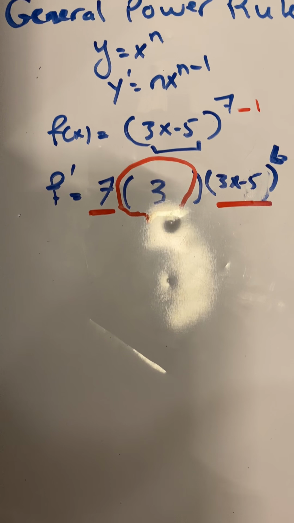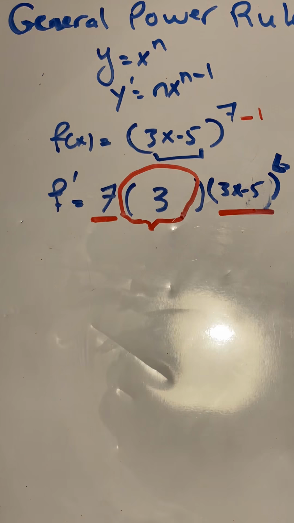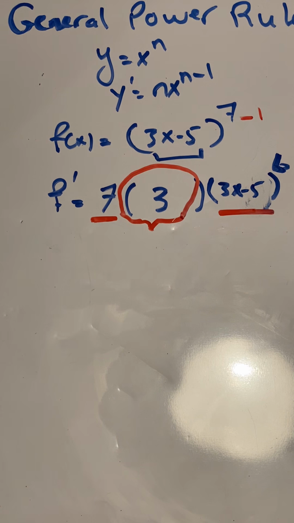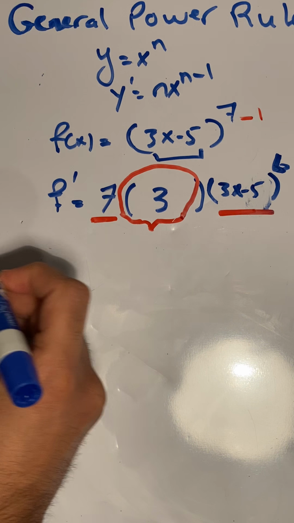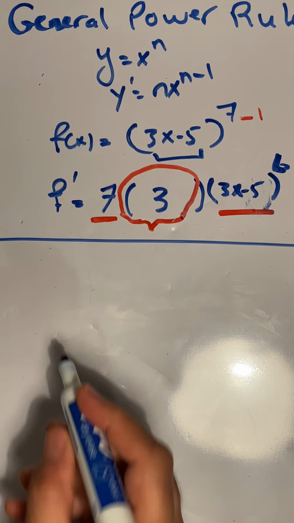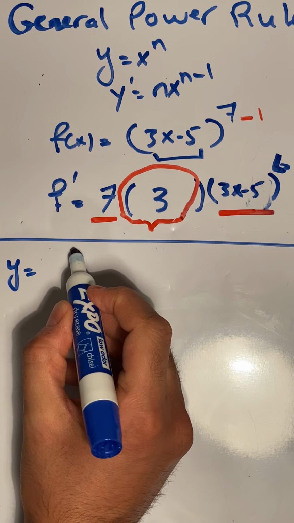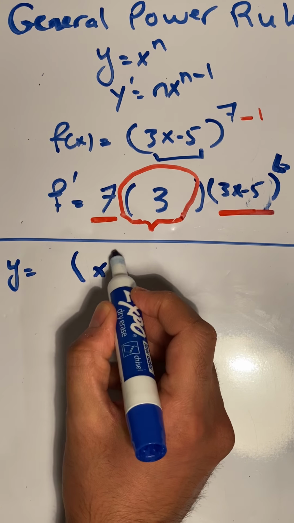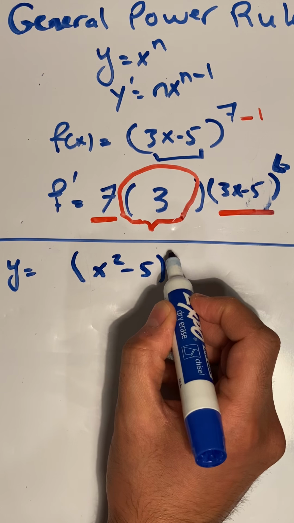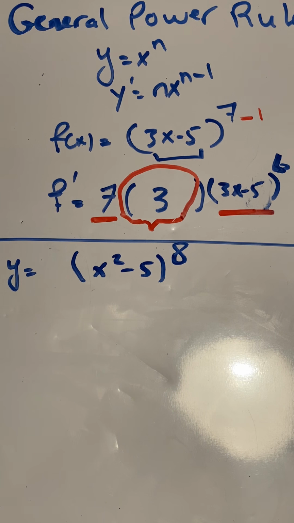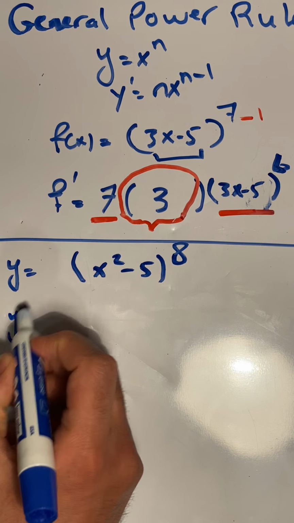Let's take a different example. Again, y equals (x squared minus 5) to the power 8. I want to find y prime.